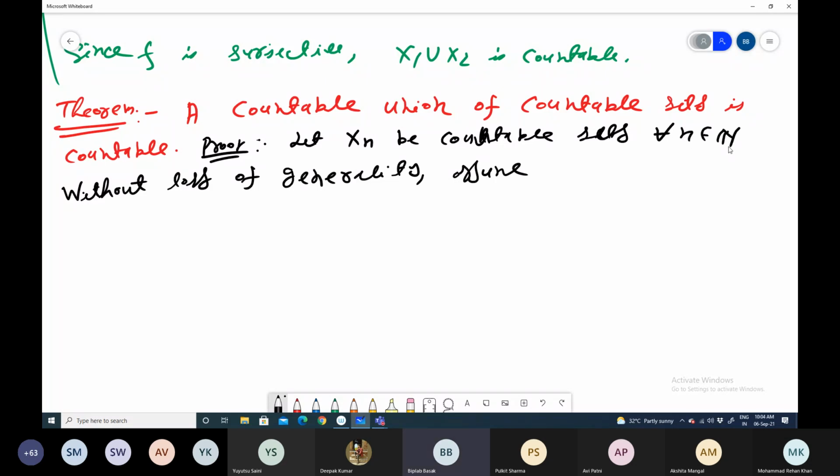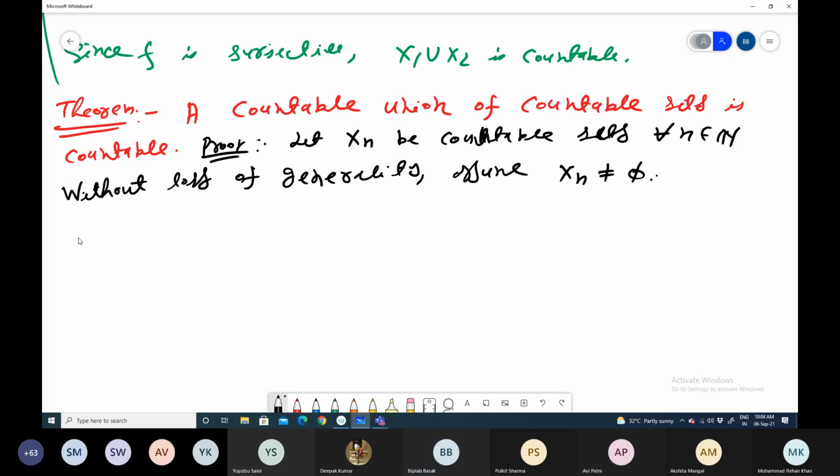So this is a countable collection of countable sets. Now without loss of generality, we can assume that each xn is non-empty. Why? Because if some xn are empty, then we can exclude them. We can always exclude them. That does not matter.